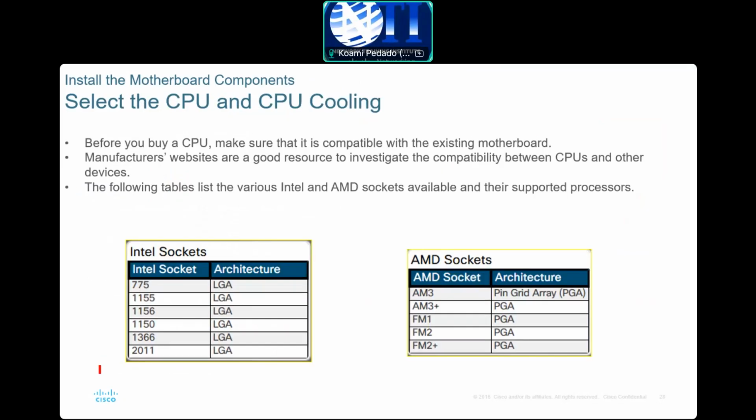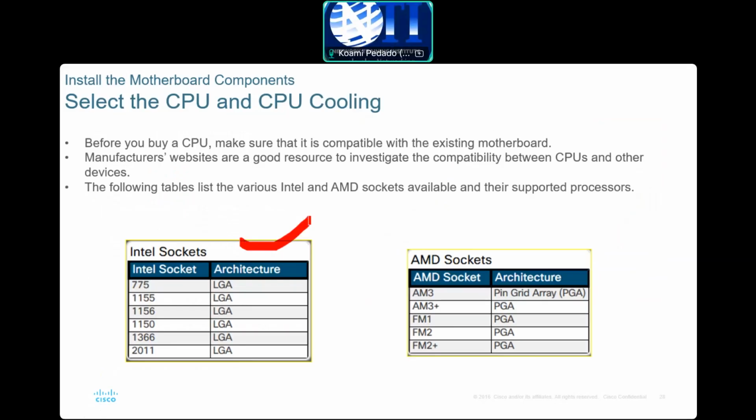So we're selecting the CPU and the cooling system. Now, there are two types of CPU. We have the Intel socket, which is LGA.